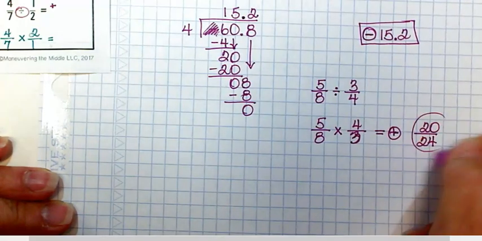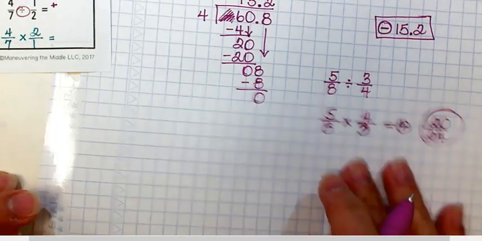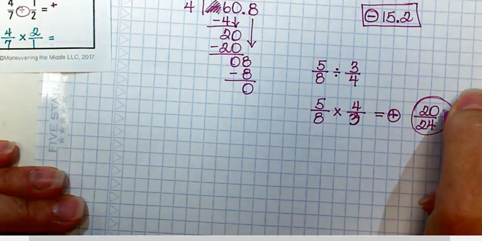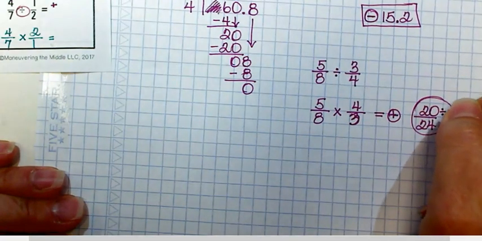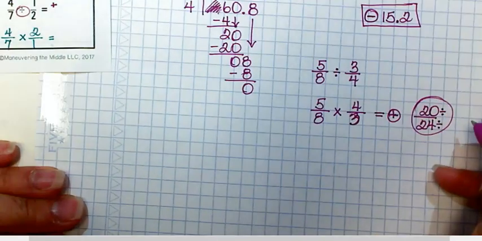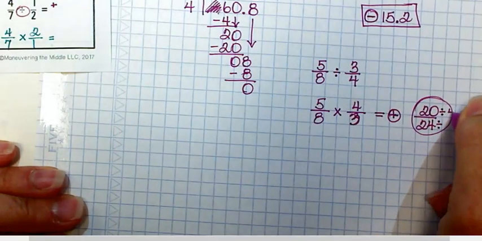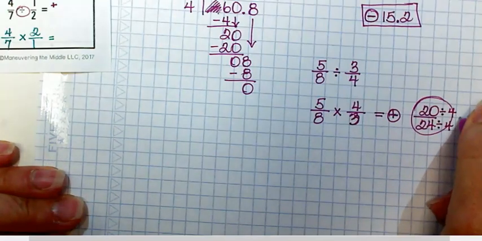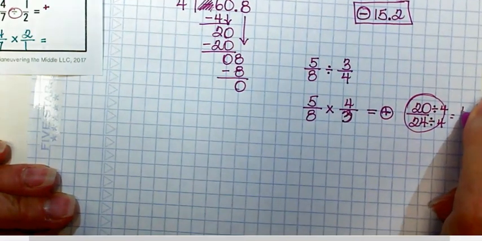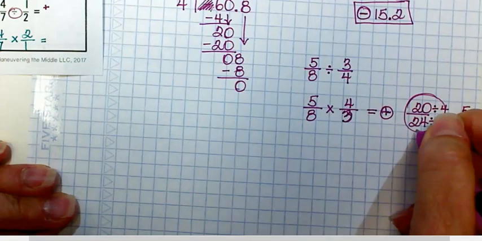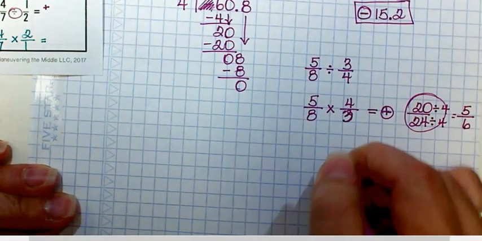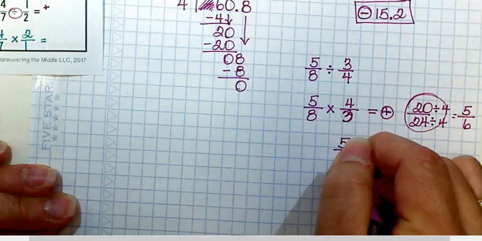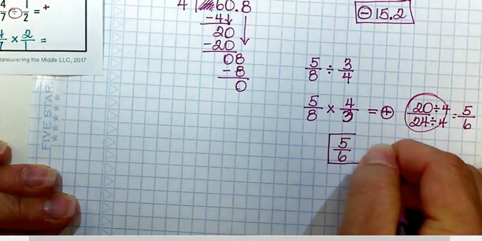Now, I can reduce this fraction. I'm looking at 20 and 24. I know that 20 and 24 are both divisible by 4. So I'm going to divide both the top and the bottom by 4. 20 divided by 4 is 5. 24 divided by 4 is 6. So your final answer is a positive 5/6.